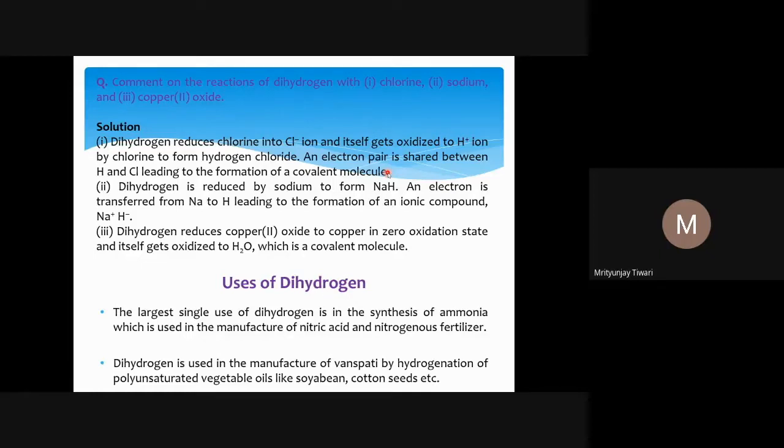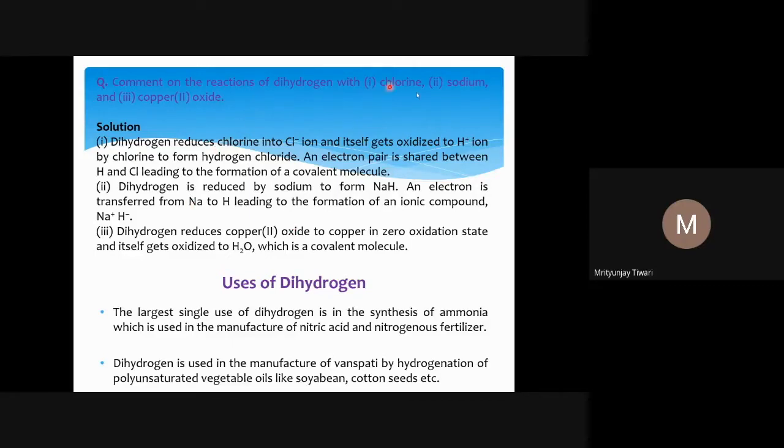Because of that attraction, some of the electron density will be shared. It will enter the boundary of the hydrogen atom, and thus we will see there is some covalent character. So both ways you can define the bonding in HCl. Usually we see HCl is a covalent molecule with very high ionic character.